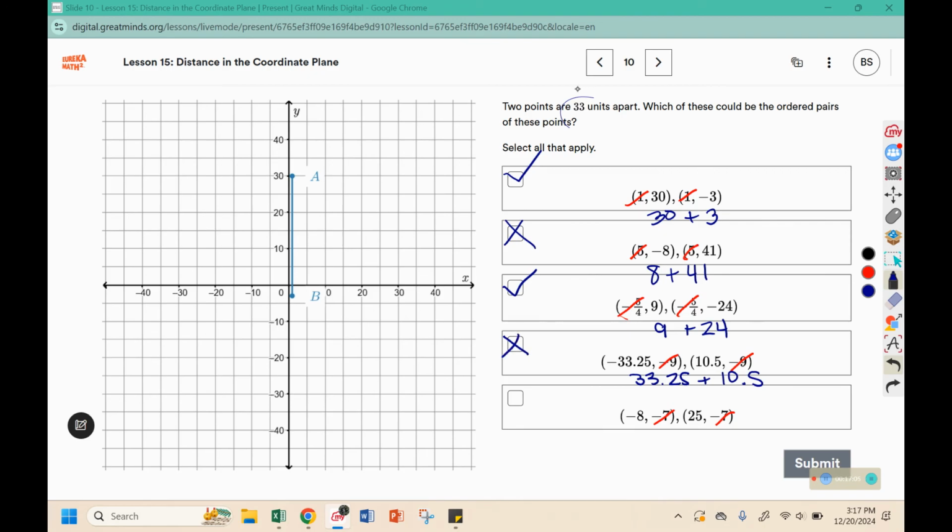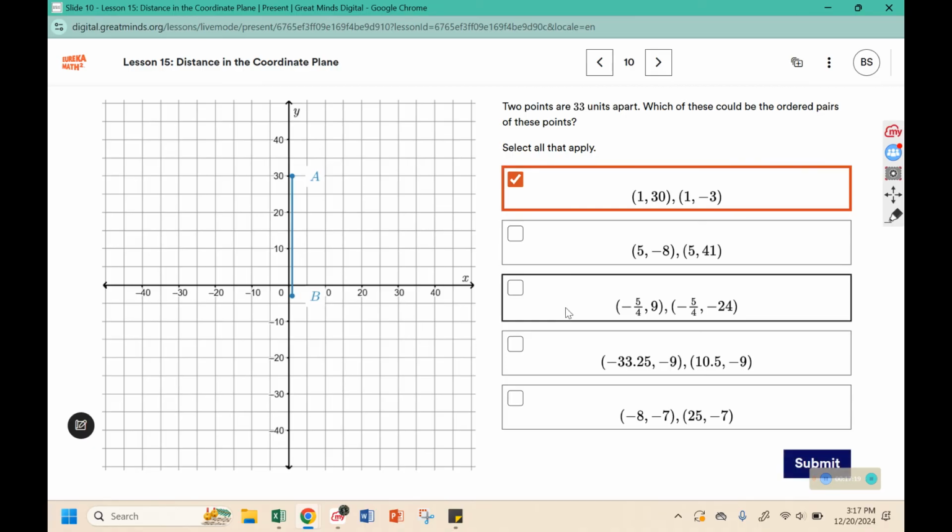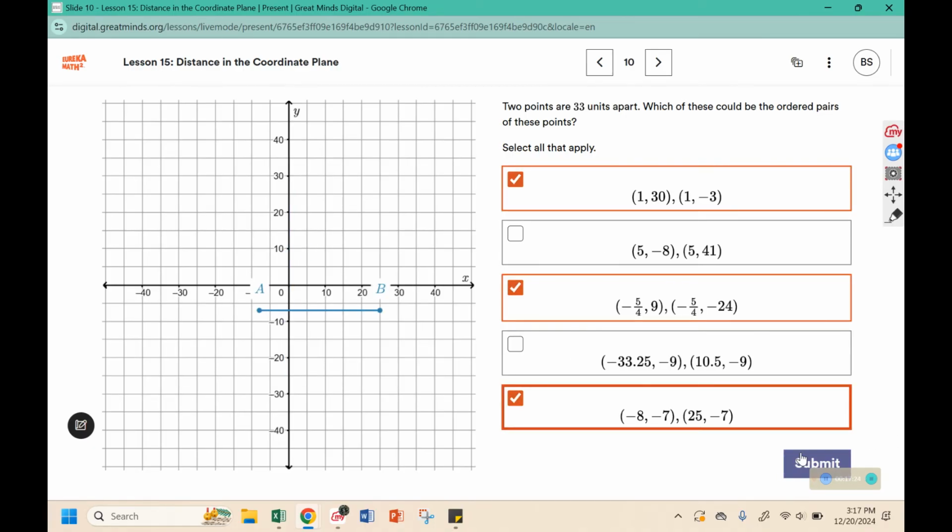So that's too big. We want to get 33. And then we have 8 and 25. 8 plus 25 is 33. So we'll check the first, third, and fifth box.